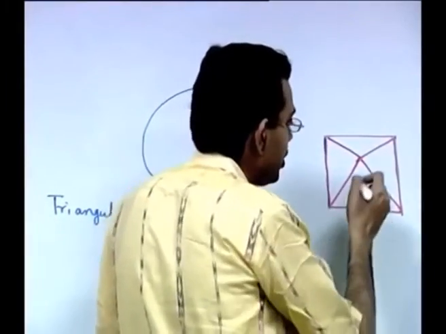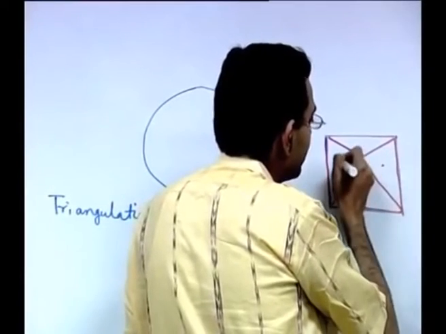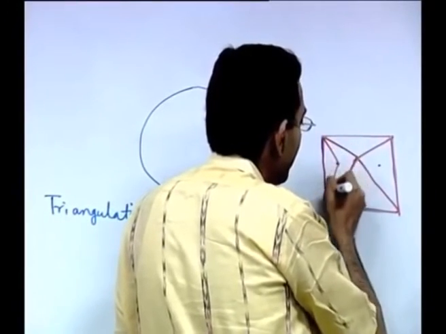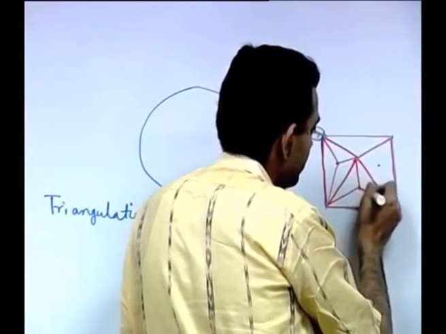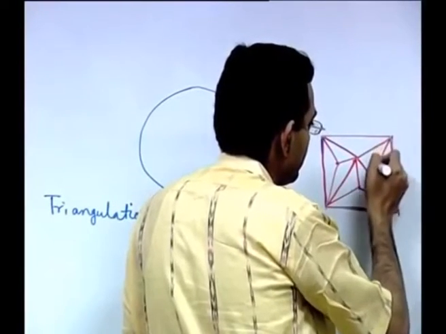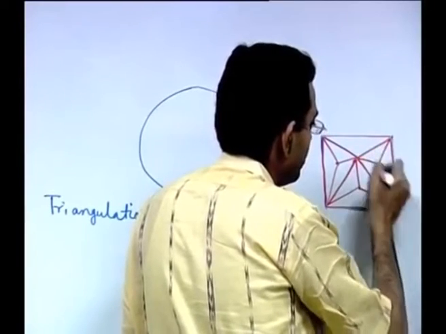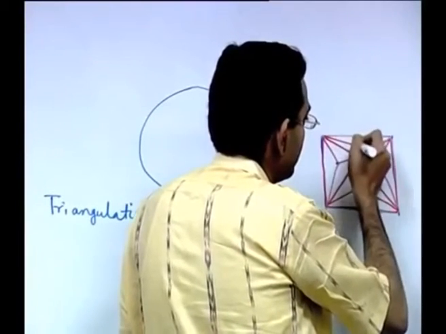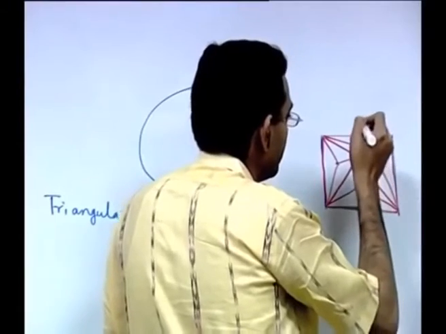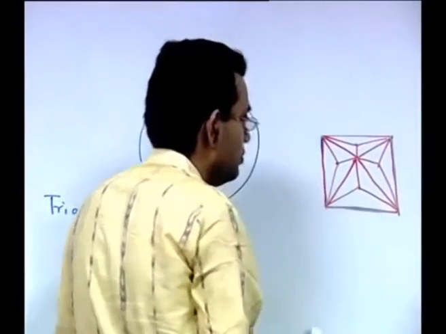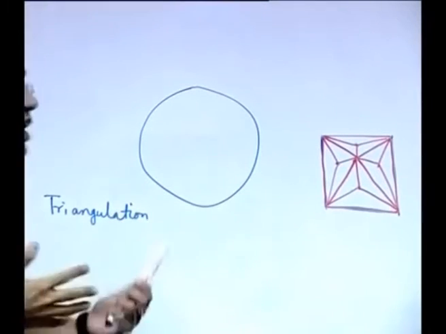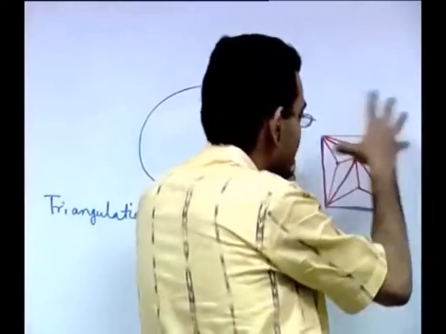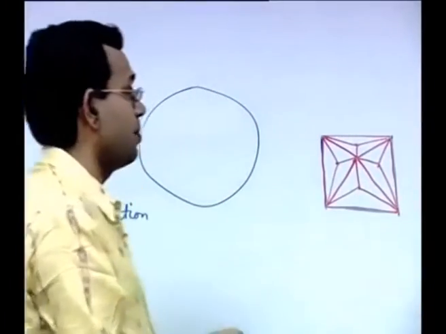You need to insert new points and generate new triangles. In this way, one could arbitrarily generate a large number of triangles out of a given domain shape.